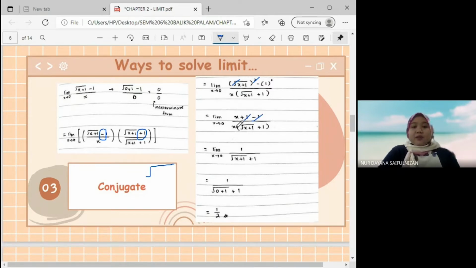And x with x we can cancel out too, and don't forget there is still a value on the top of it. So we get limit of 1 over (square root of (x plus 1) plus 1), x approaching 0, and we substitute the value of x into the function, and yes, we got the answer 1 over 2.